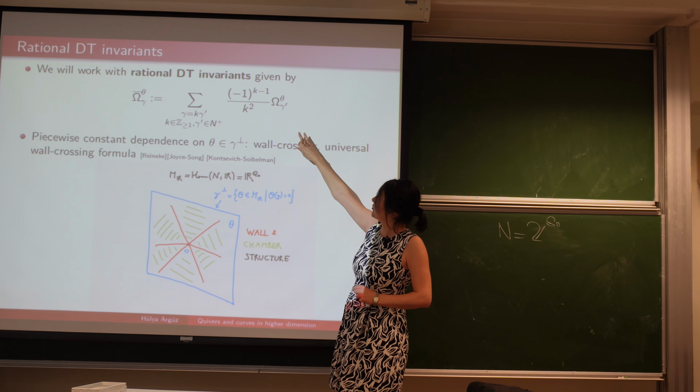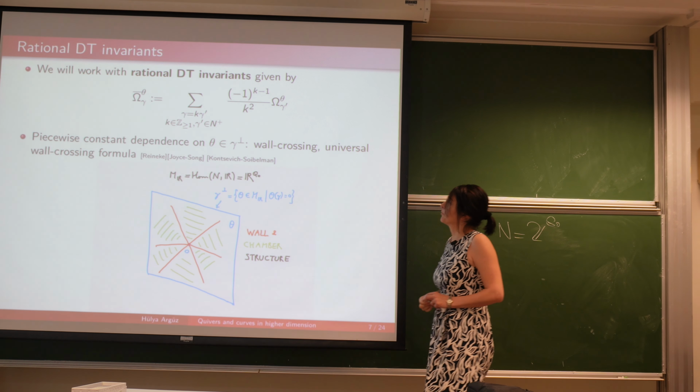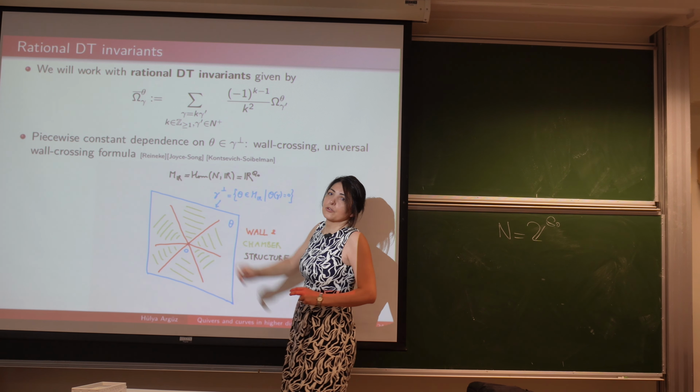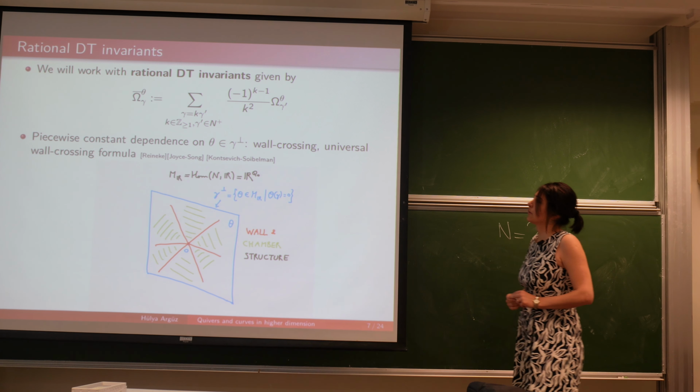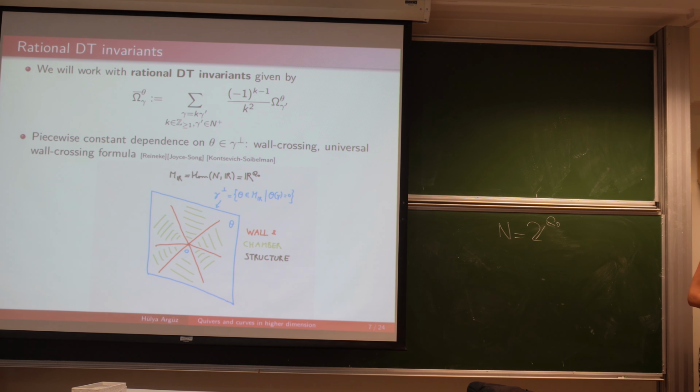So if you know all quiver DT invariants, this amounts to knowing all rational ones and vice versa, but working with these for computational purposes is more convenient because these are the ones that appear when you do wall crossing.